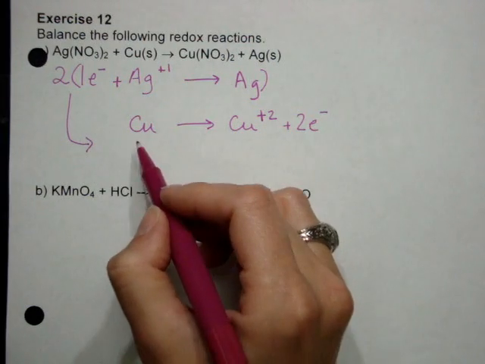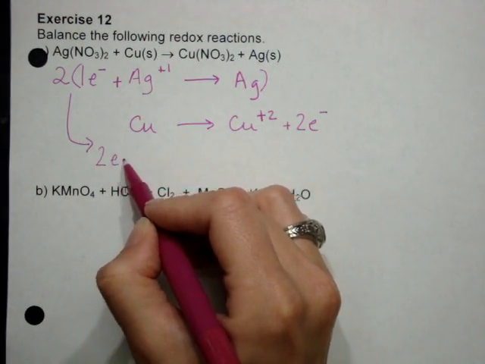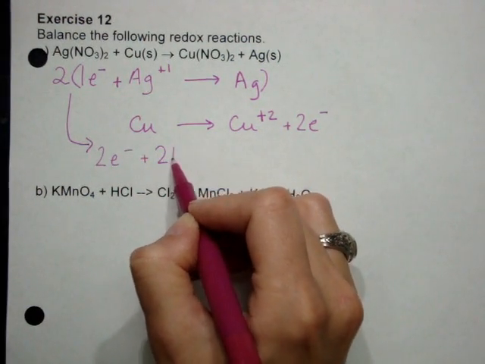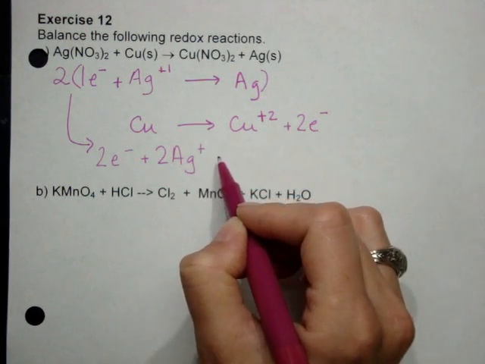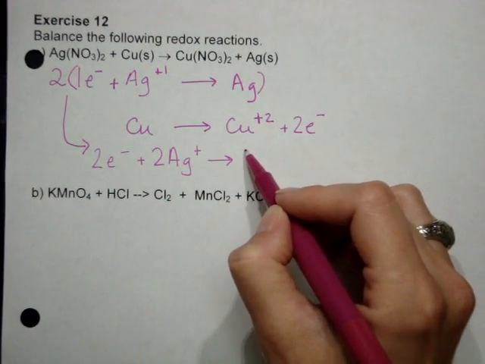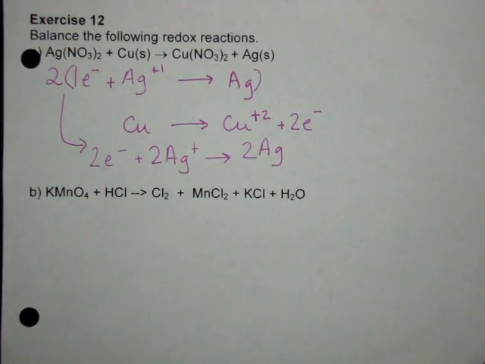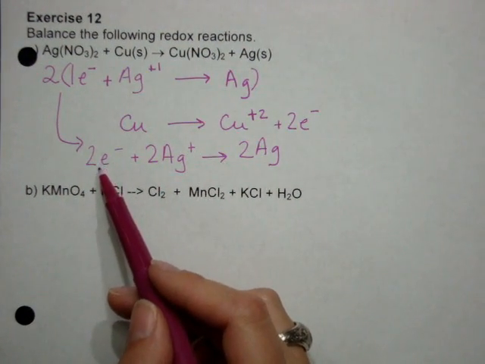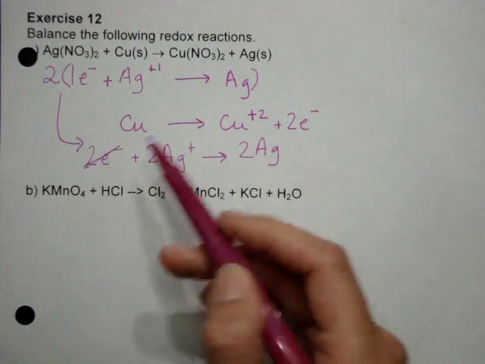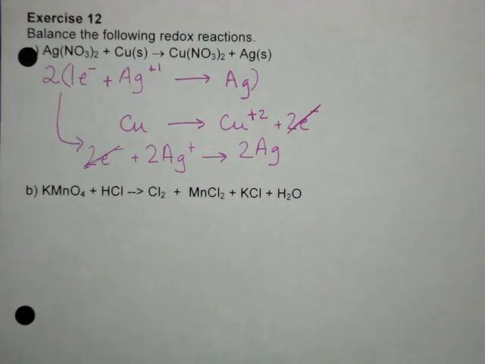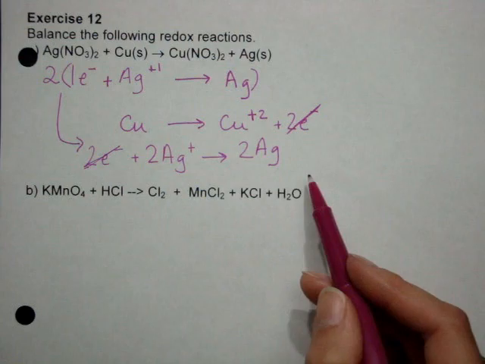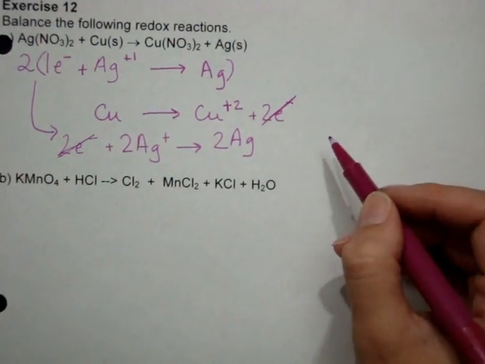This would now look like 2 electrons plus 2 silver ions yields 2 silver atoms. Now that you have an equal number of electrons in the reactants and in the products, they can be canceled out, and you can put the equation back together.